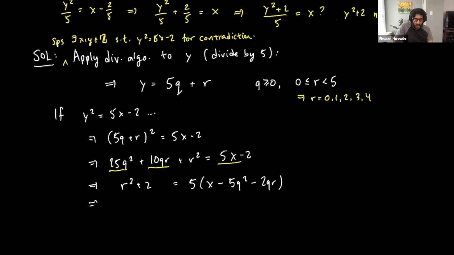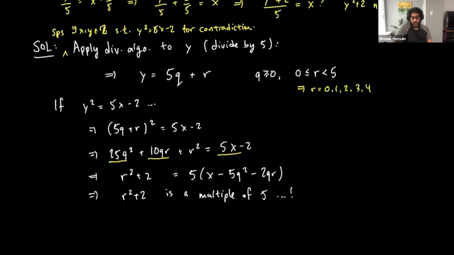So what does that tell me? r squared plus 2 is a multiple of 5. See what's happening? How can I finish off the problem?